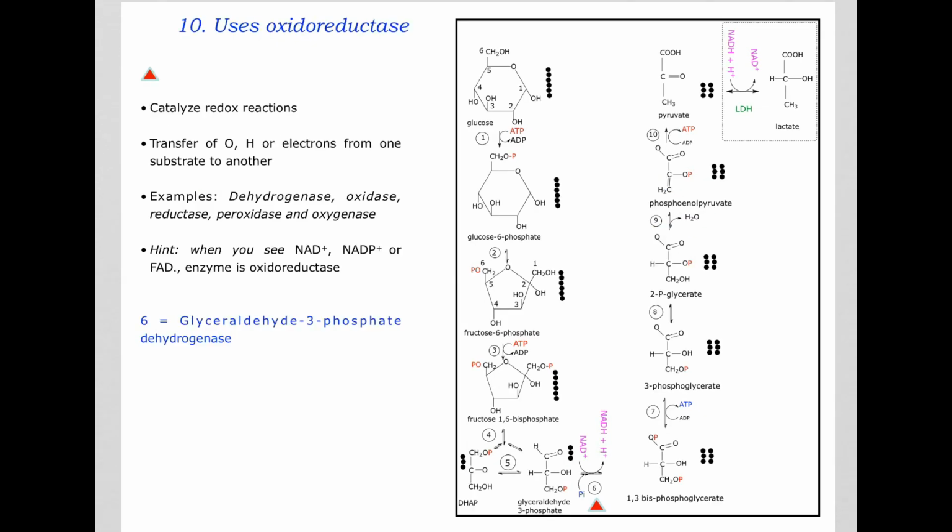One enzyme in glycolysis is an oxidoreductase, and this is the enzyme glyceraldehyde 3-phosphate dehydrogenase that catalyzes reaction number 6, right down here. As the name suggests, oxidoreductases are enzymes that catalyze oxidation-reduction reactions, or redox reactions, which involve the transfer of oxygen, hydrogen, or electrons from one substrate to another substrate.